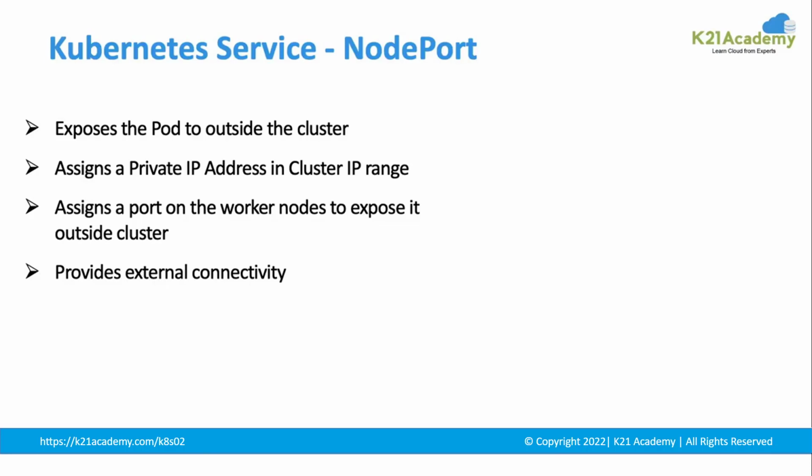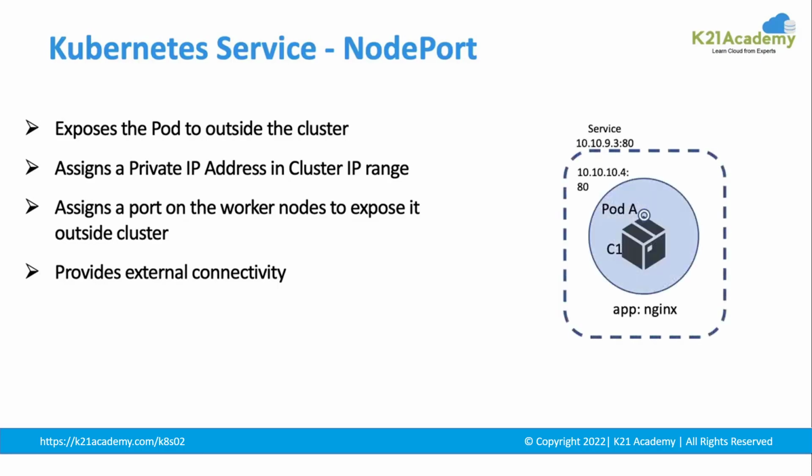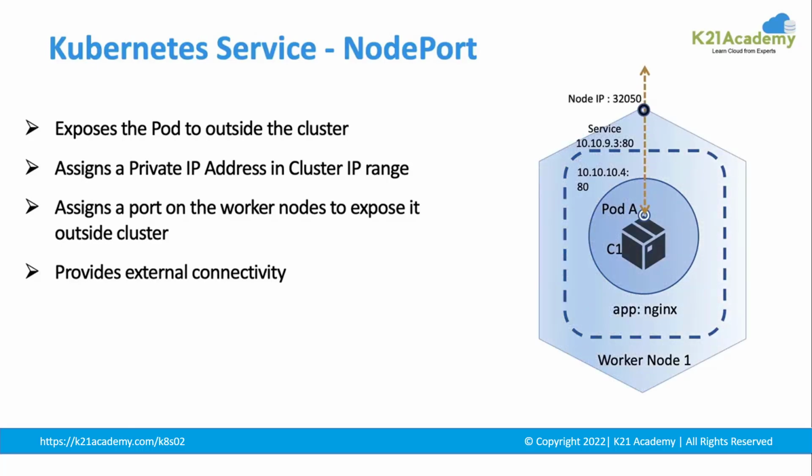But when I want to expose it outside the cluster, I want to provide external connectivity. What we do is we say type as NodePort. As soon as you say type NodePort, on that particular node, it will get a port number. In the case of Docker, we used to specify host port : container port, but we saw that if that port number is already in use, our container never used to start.